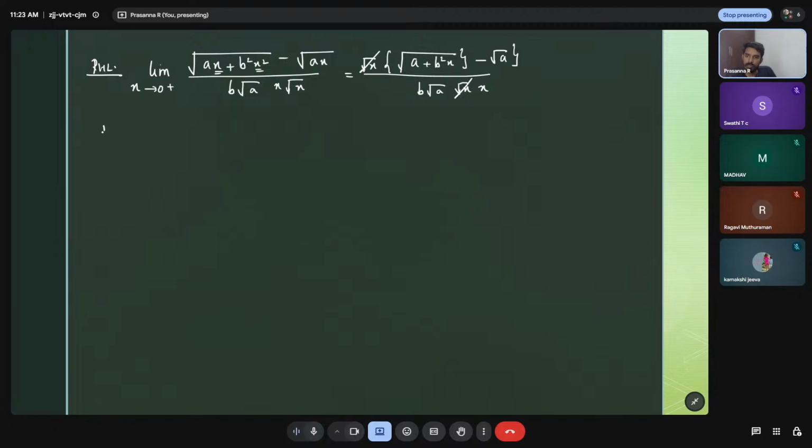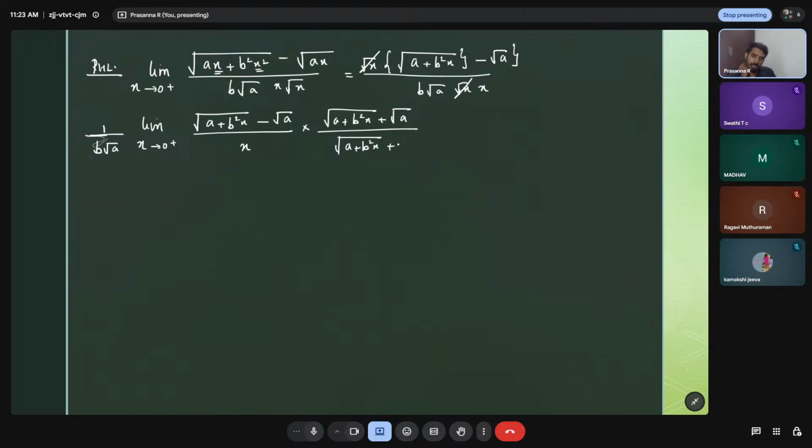So these two will get cancelled. So 1 by b root a is constant, and I can work with the limit as x tends to 0 plus of root of (a plus b squared x) minus root a, divided by x. So we need to take the conjugate, right? Whenever you have an under root, you take the conjugate. So multiply by root of (a plus b squared x) plus root a over the same. When you apply the limit, the numerator will be a plus b, a minus b, which is a squared minus b squared.